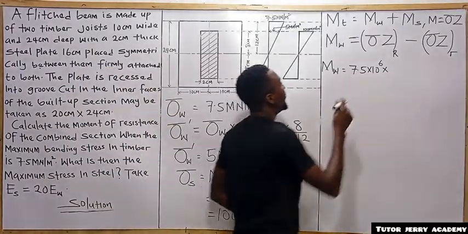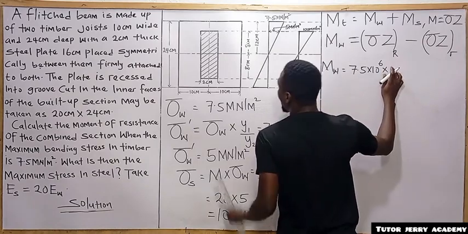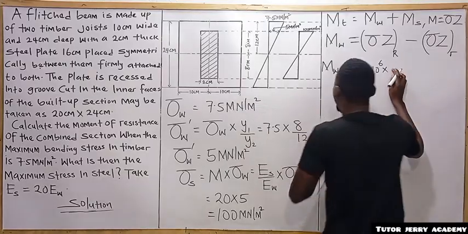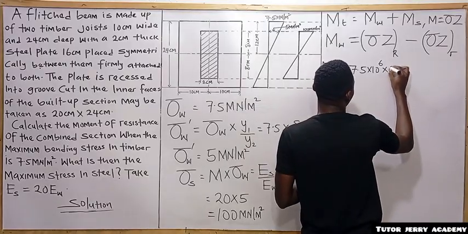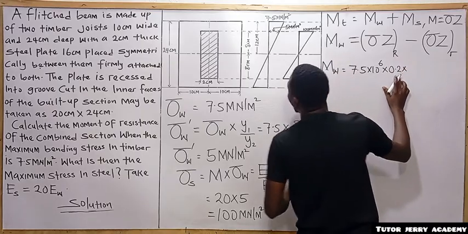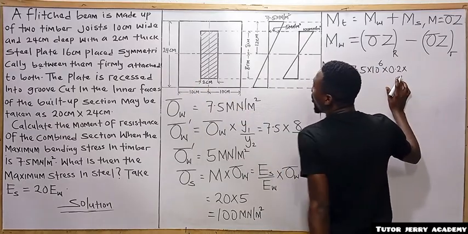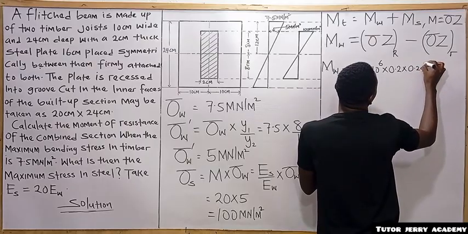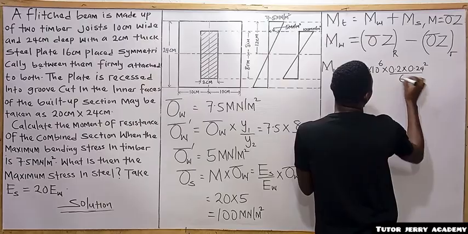So BD squared over 6: B, the base, is 20 divided by 100, that is 0.2, multiplied by our depth of 24, so 0.24 squared, then divided by 6, right?